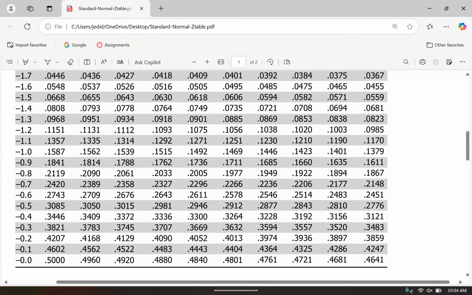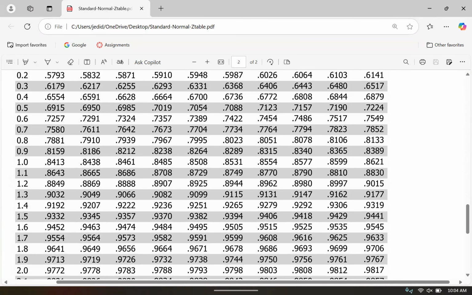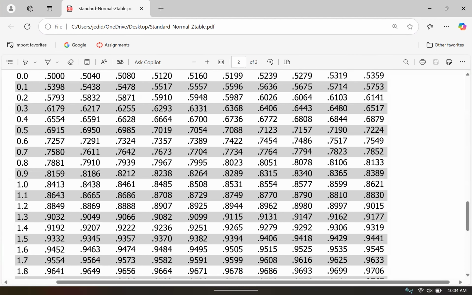0.46. Ooh, you're beautiful. Negative 0.10. 0.63. Now we're in the positives. This should be symmetric. Maybe it's not today.